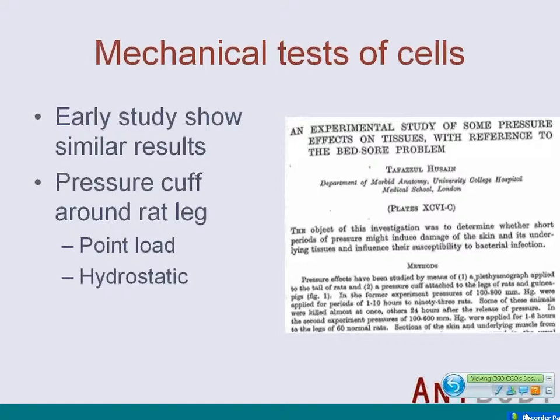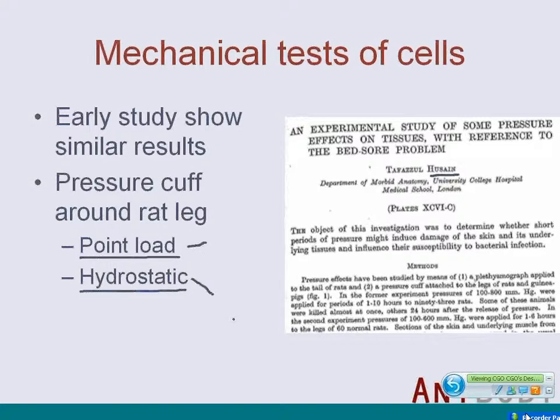And other studies have actually shown similar results, where this is an early study. It was done in 1953, I think. This guy Hussein did some very nice experiments on rats and guinea pigs, where he applied pressure in different ways: one way could be a point load on the tissue, and another way could be a hydrostatic load.